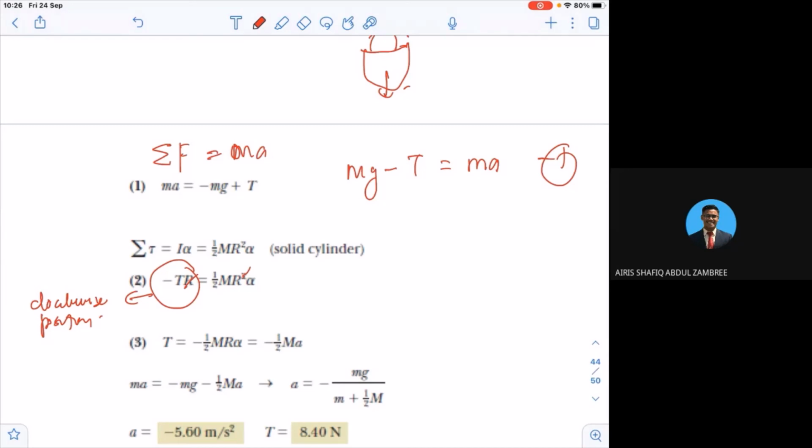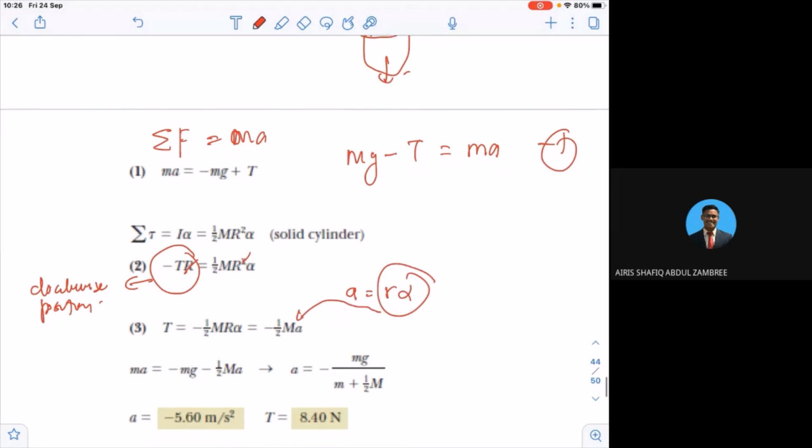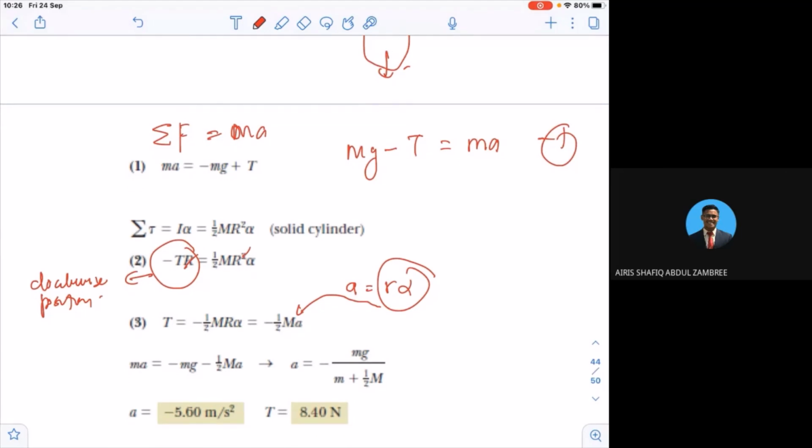Okay, remember a equals r alpha, so you can replace this thing with just a. So half ma is equivalent to that part, right? So ma minus negative mg, or T minus mg, you can replace a with this value.